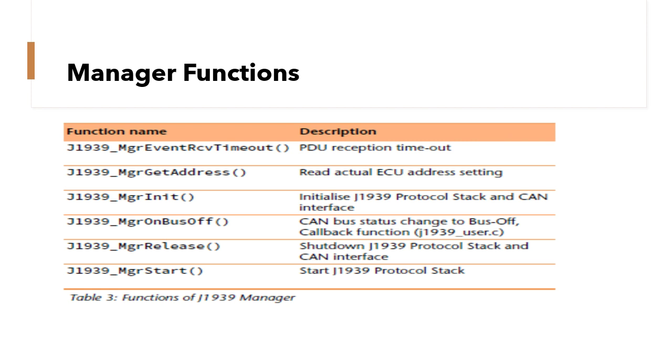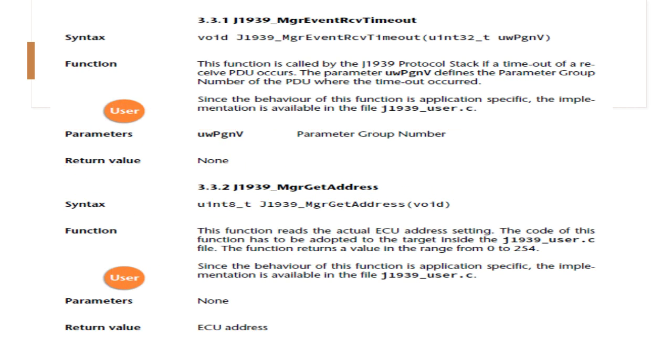Let's go with the first one, event receive timeout. This function is called by the J1939 protocol stack if a timeout of a receive PDU occurs. The parameter uwPGNv defines the parameter group number, that is PGN, of the PDU where the timeout occurred.